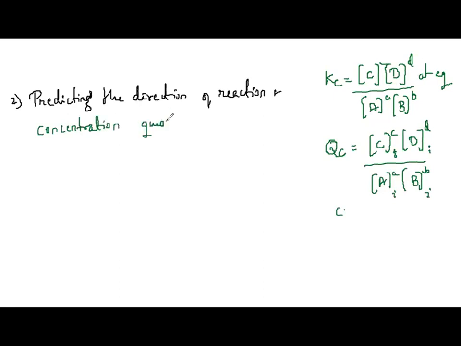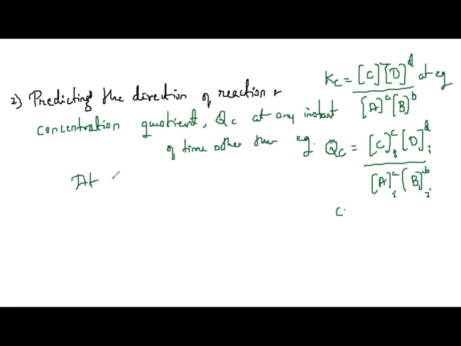It is the ratio of the product of molar concentrations of the products raised to their stoichiometric coefficients to the product of molar concentrations of the reactants raised to their stoichiometric coefficients at any instant of time other than equilibrium. Therefore, at equilibrium, Qc is nothing but Kc.